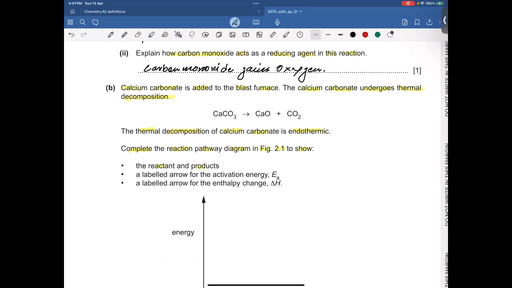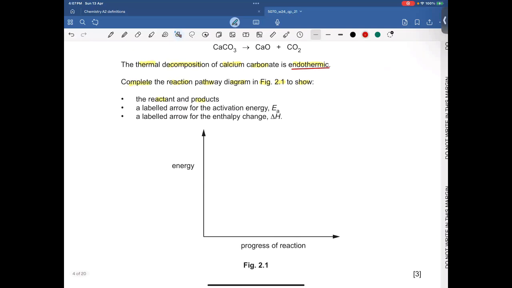Okay, so first of all, the reaction is endothermic, which means the energy of the reactant is lower and the energy of the product is higher. And also, one thing: in an endothermic reaction, energy is always absorbed.